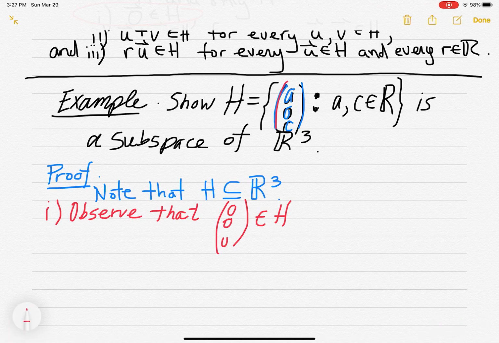Well, let's look at our form of elements for H: A, 0, C. So what we could do is set A equal to 0 and set C equal to 0, and then you just have 0, 0, 0.